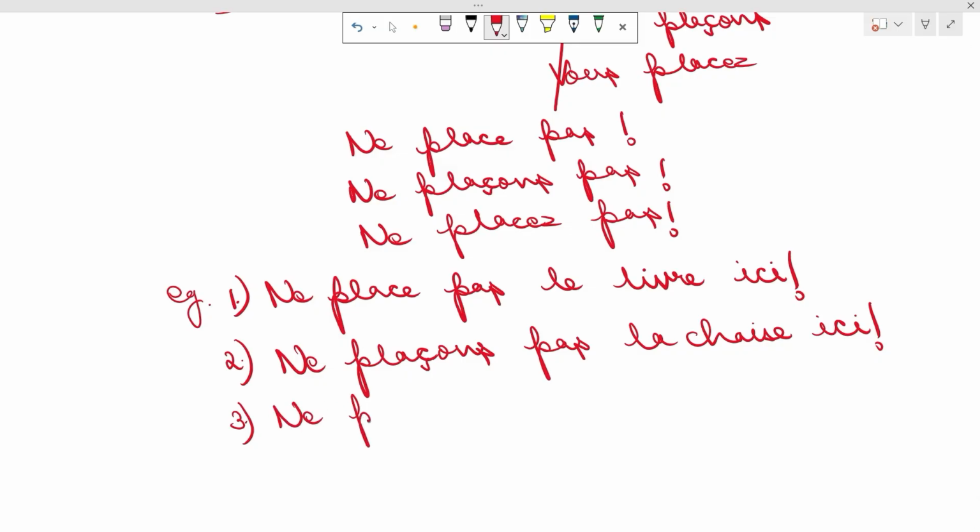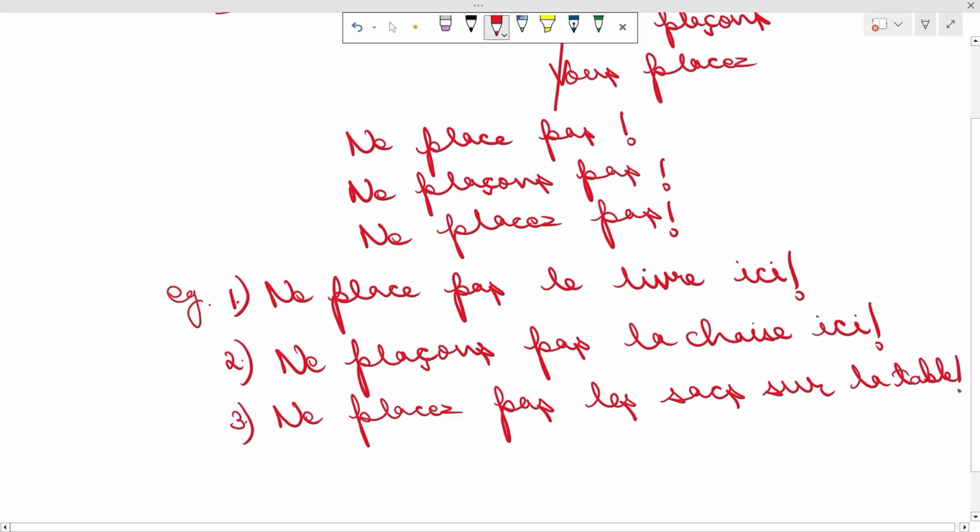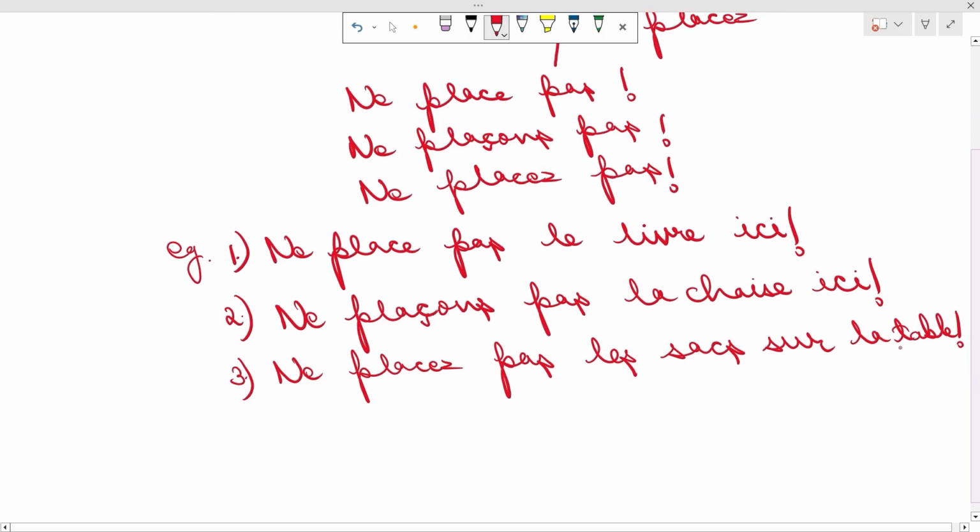And ne placez pas les sacs sur la table. Don't place the bags on the table. Ne place pas le livre ici. Don't place the book here.